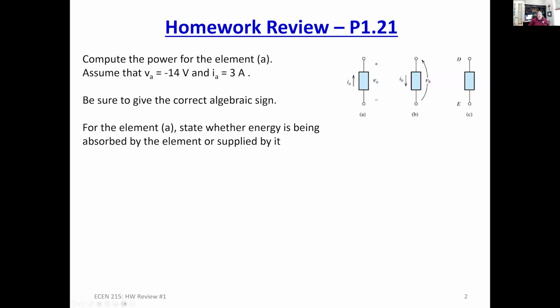That's what's happening. So in this case we're given VA as, let me get a little pointer here, minus 14 volts. So that means from this terminal, with this being the reference point, if we had a voltmeter, we would put the black wire right here.